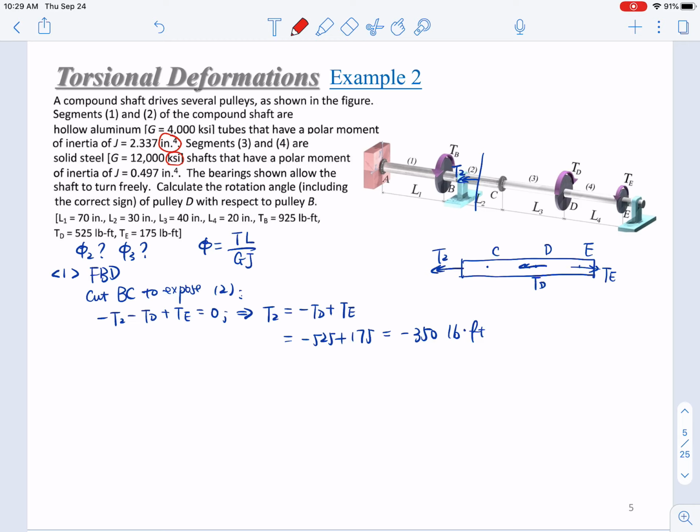Since at point C you don't have any torque, you will get exactly the same equation as T2. So this will be easy. T3 equals negative 4,200 pound inch.